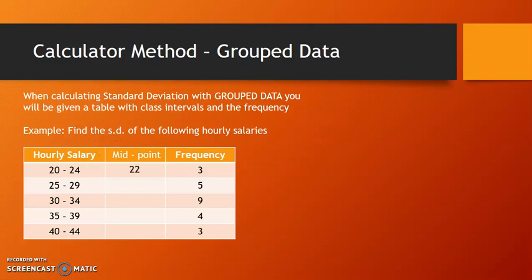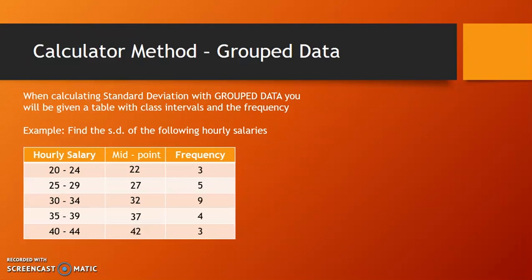The midpoint between 25 and 29 is 27. And the midpoint between 30 and 34 is 32. The midpoint between 35 and 39 is 37. And finally, the midpoint between 40 and 44 is 42.